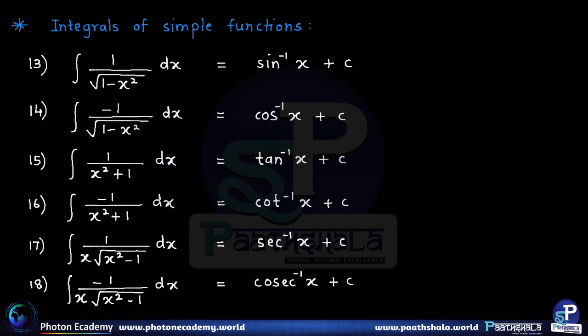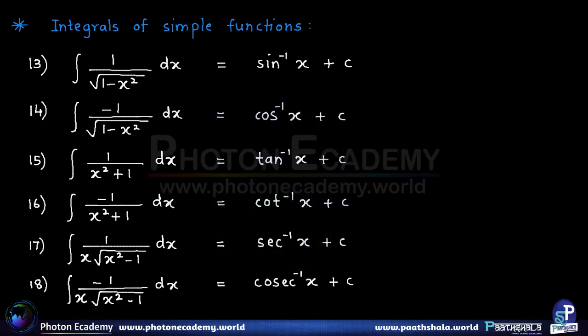Now let's see the inverse trigonometric functions. For 1 upon root of 1 minus x square, the integral is sine inverse of x plus c. Now instead of positive, if we have the negative term to be integrated on the left hand side, then the integral becomes cos inverse x.